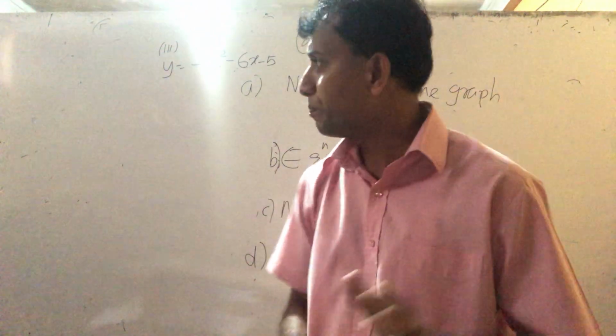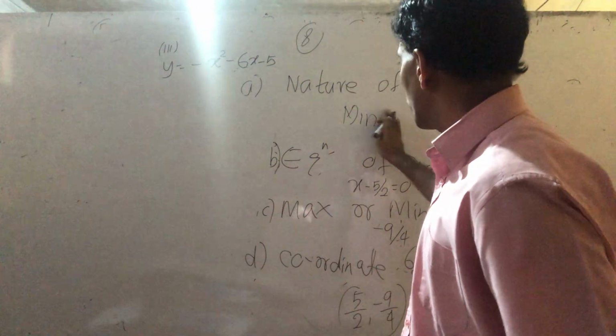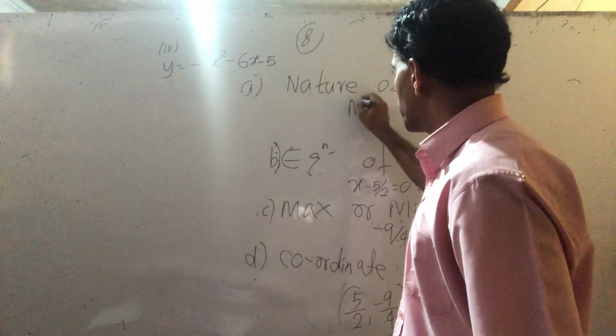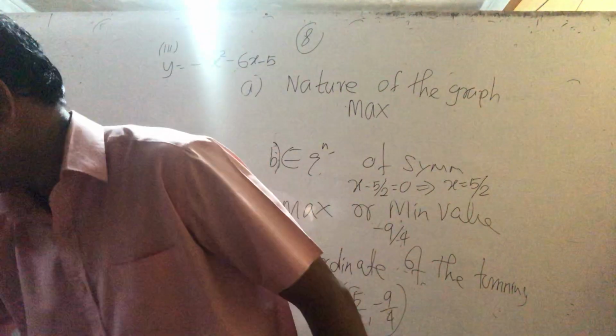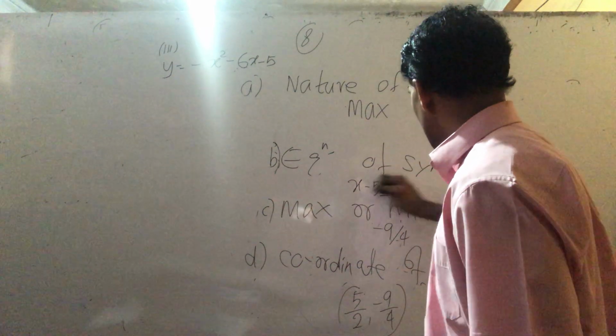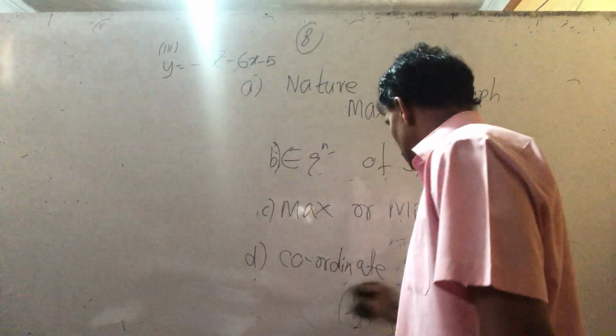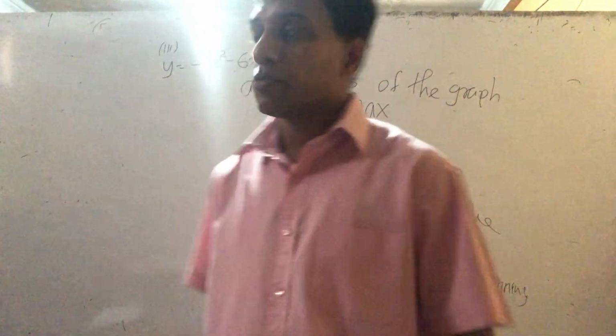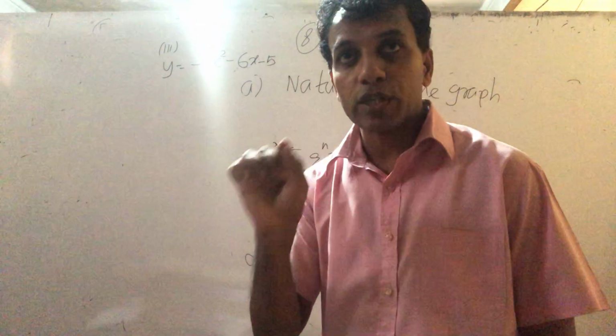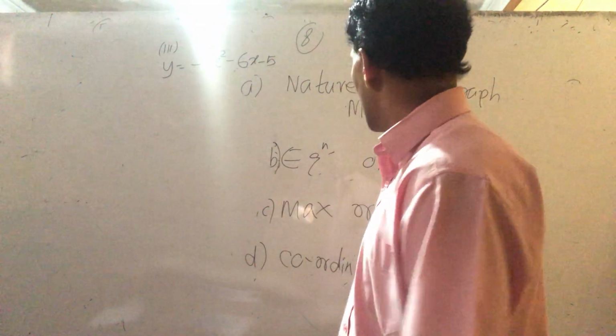So the nature of the graph is maximum, because in front of x square there is a minus.